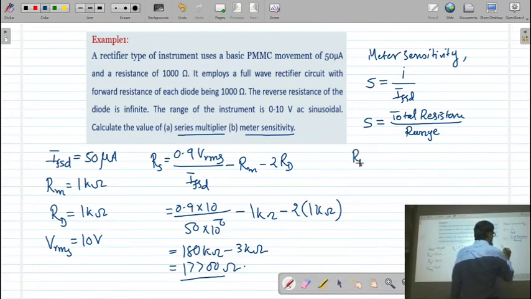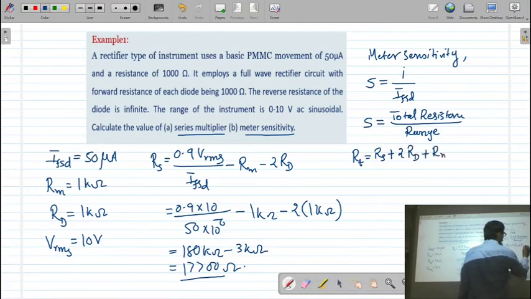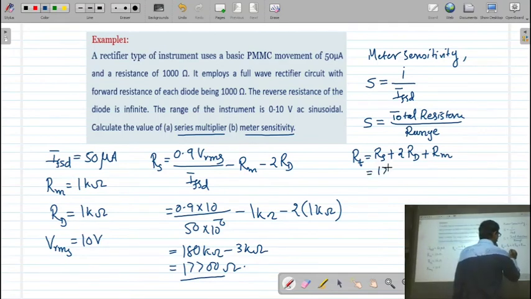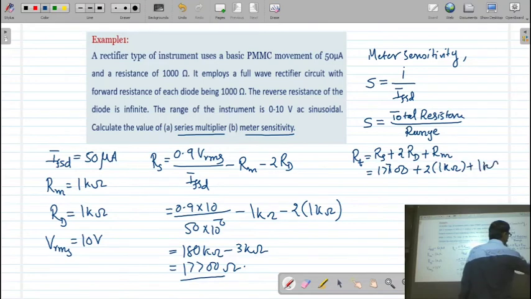That is RT is equal to series resistance plus diode resistance plus meter resistance. Remember. So my series resistance is 177 kilo ohm plus 2 into 1 kilo ohm, and this is also 1 kilo ohm.